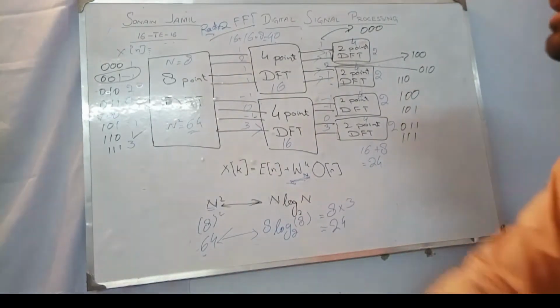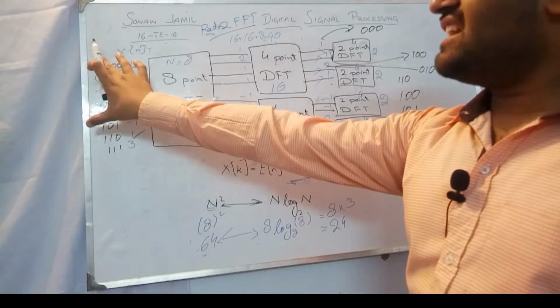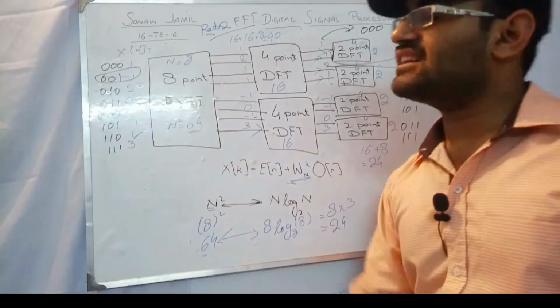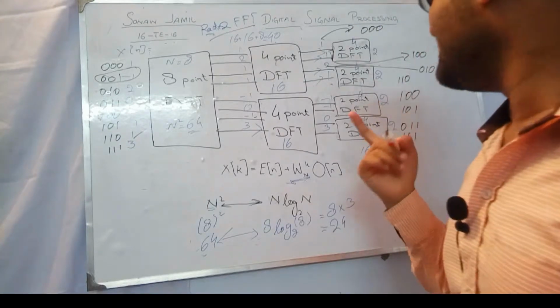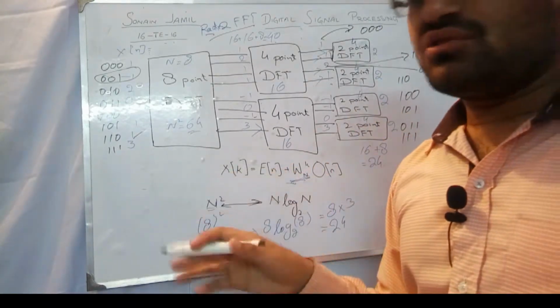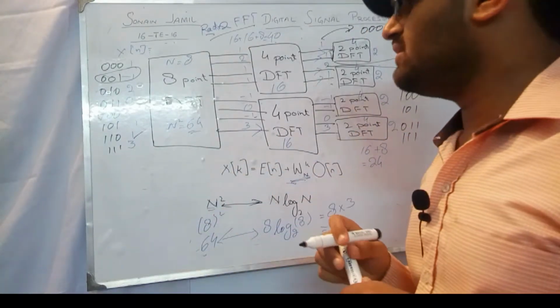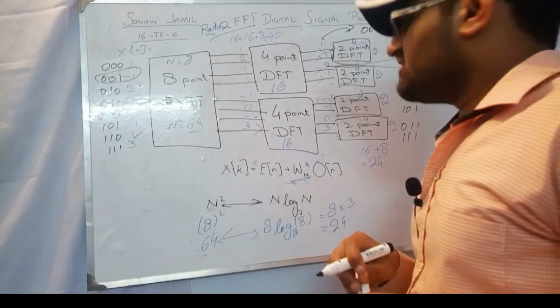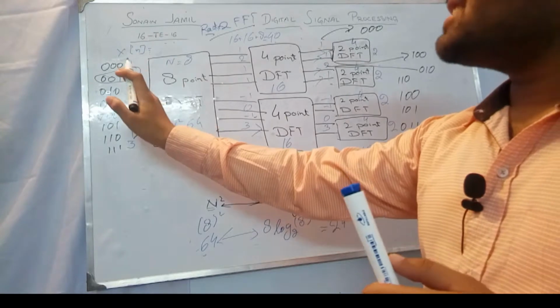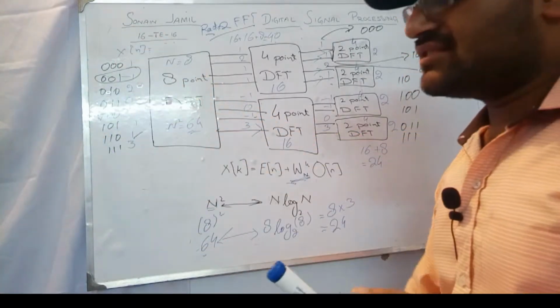So what we observe from this, if we have this x of n and we want to find 2-point DFT and we want to divide this signal by using interlaced decomposition, we will just have to reverse these bits.